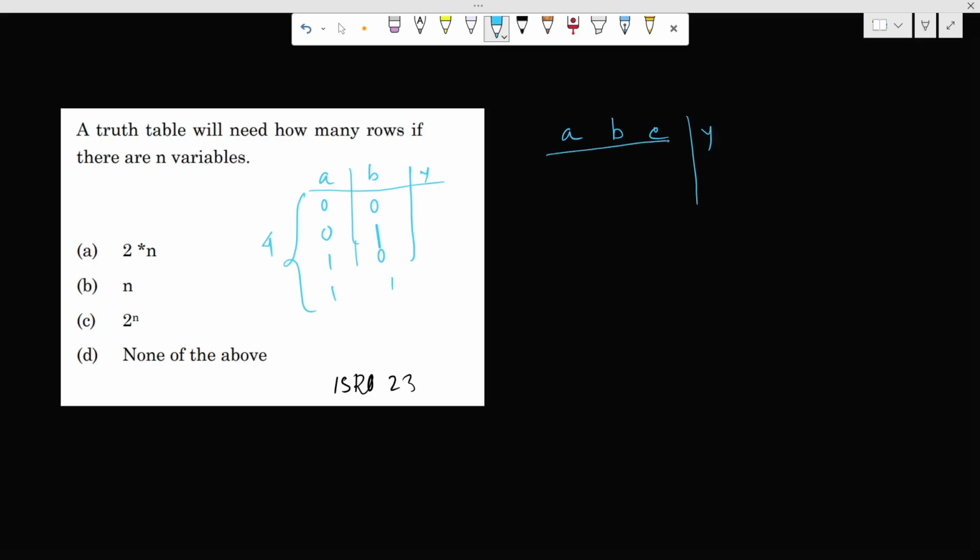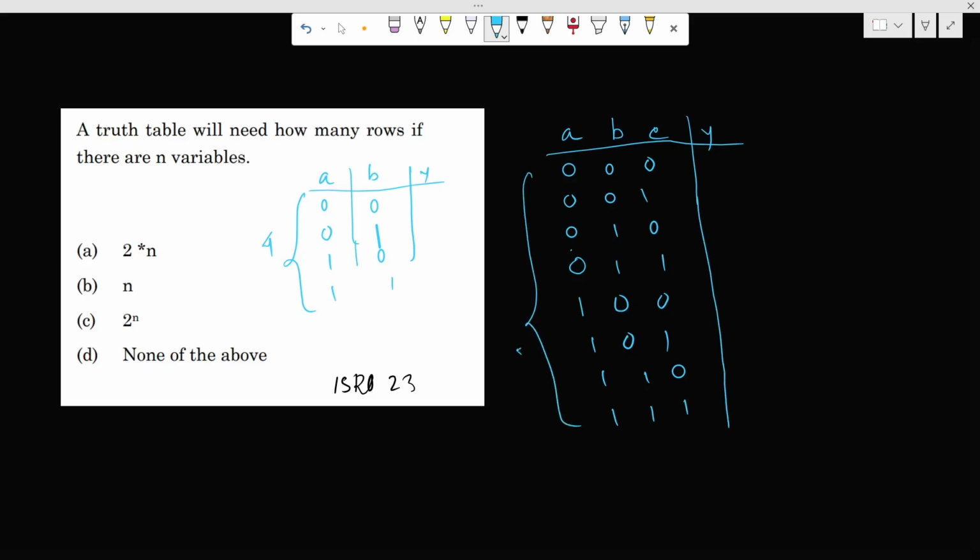Output here we get 0 0 0, 0 0 1, 0 1 0, 0 1 1, now 1 0 0, 1 0 1, 1 1 0, 1 1 1. So for three variables we get 8 rows in the truth table.